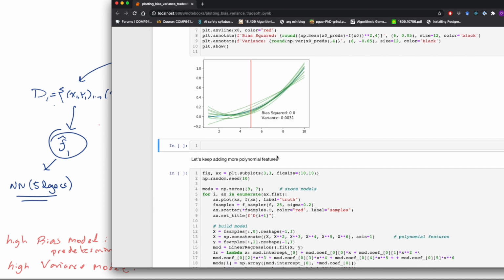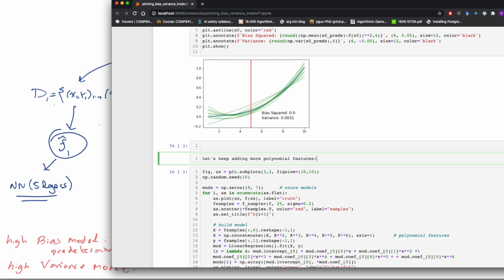In this case, let me write it here for clarity. I add a plus b x plus c x squared plus d x cubed, and so on, up to the power of 6.